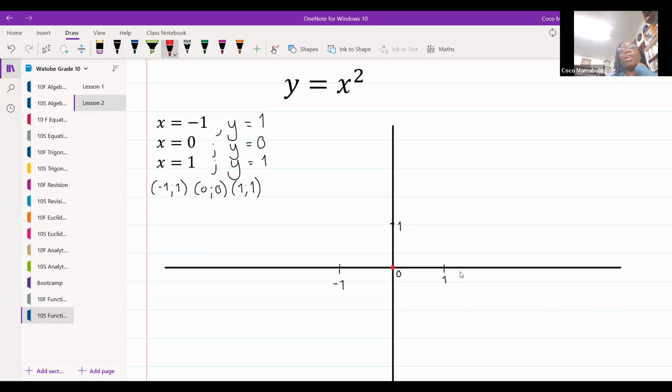Then if I get (-1, 1), my x value is -1, my y value is 1, so they're going to meet over here. Yes, no worries, Askewele, yes, you can. And if my x is 1, my y is 1, so they also meet over there. So now I have to connect the dots, to put them together, over there and this way.